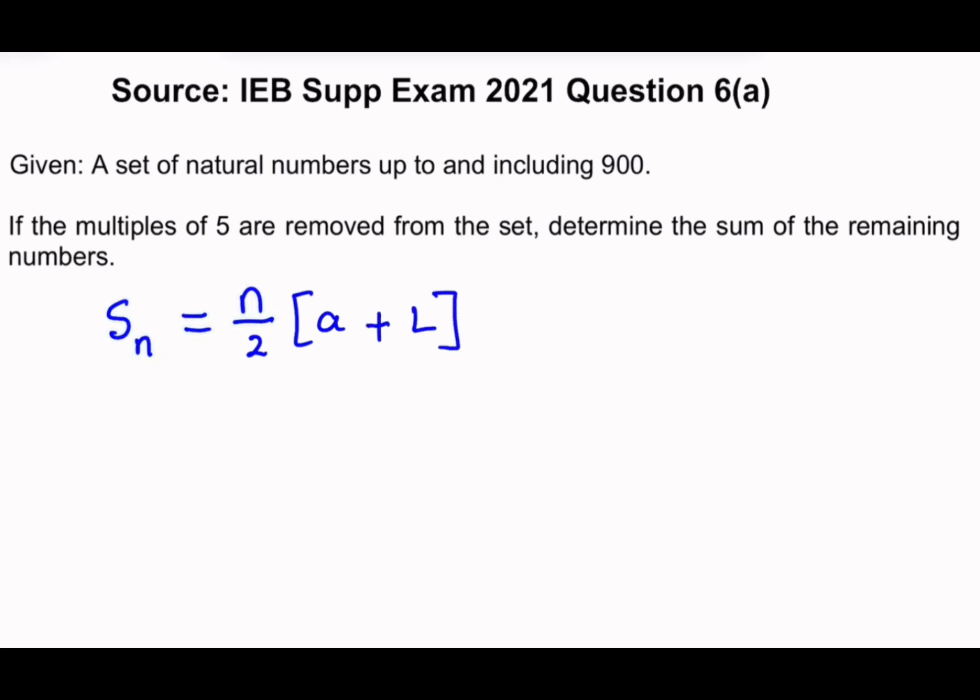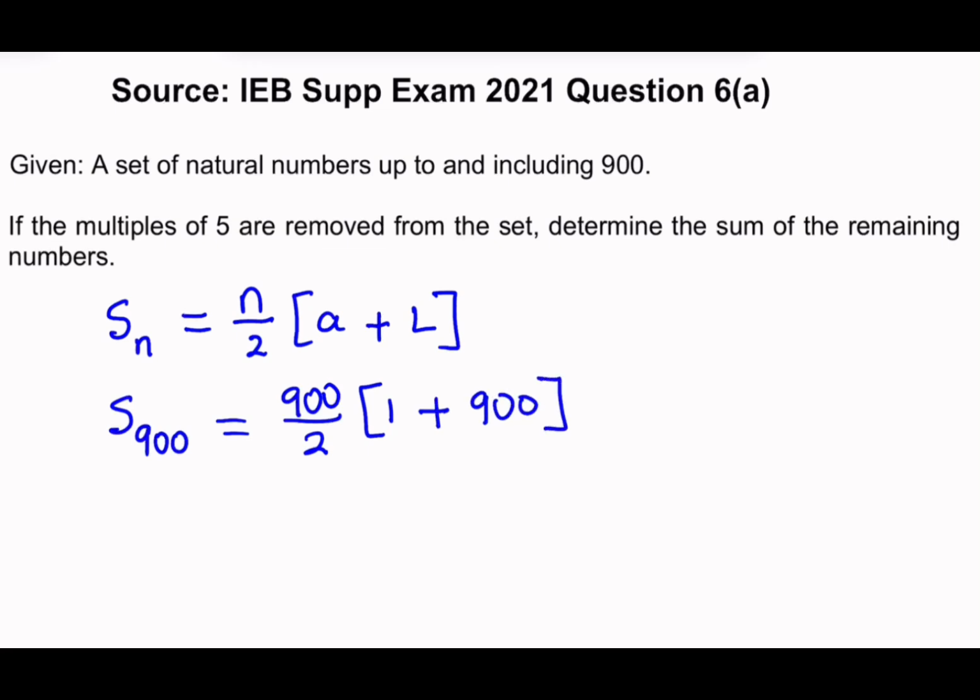So we may use this formula that has just a plus L, and we would then say S900 is the same thing as 900 divided by 2. A is 1 because it's the first term, and the last one is 900.